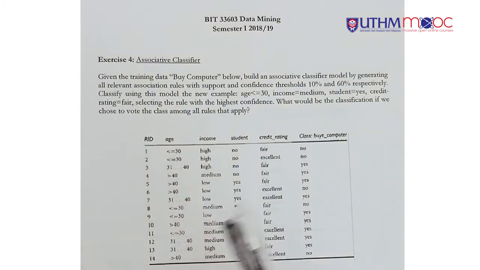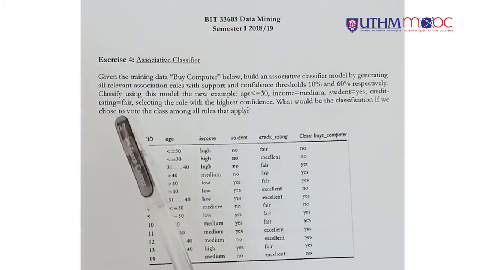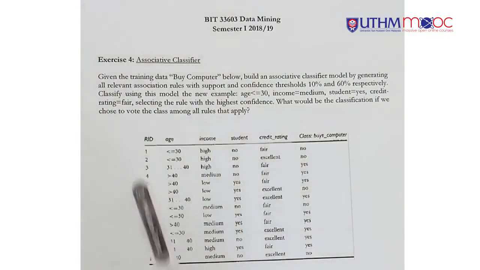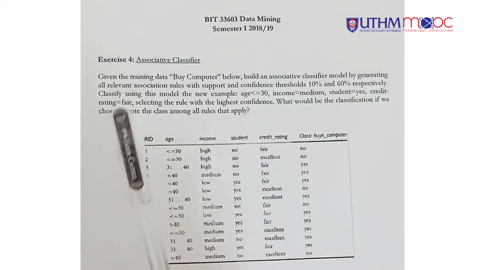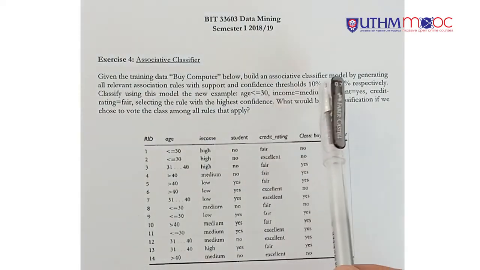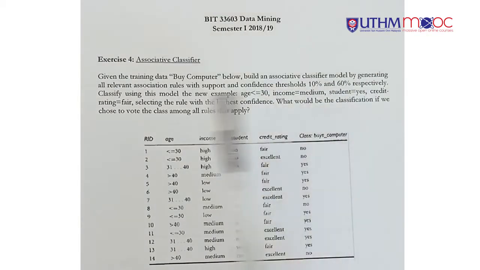Now, what we are going to do today is see how we use this data set for building an associative classifier. The question says, given the training data below, build an associative classifier model by generating all relevant association rules with support and confidence thresholds of 10% and 60% respectively.